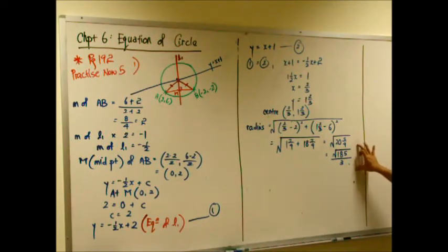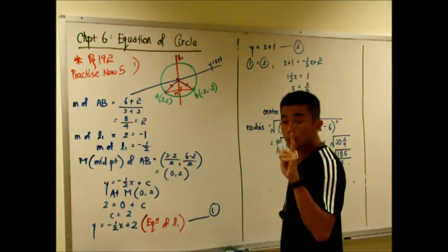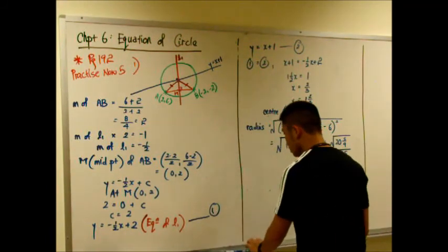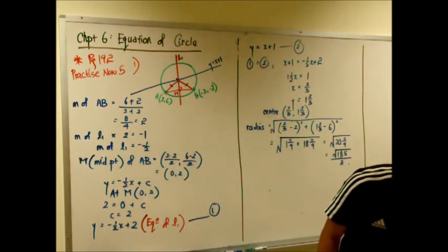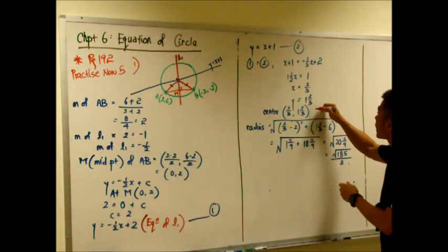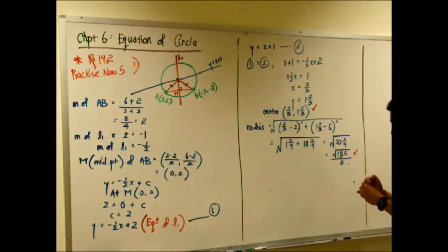I didn't simplify to the form where I put decimals because this is not our final answer. I would like to be exact first. After that, I can use back the standard form to find the equation of the circle since the center as well as the radius is given.